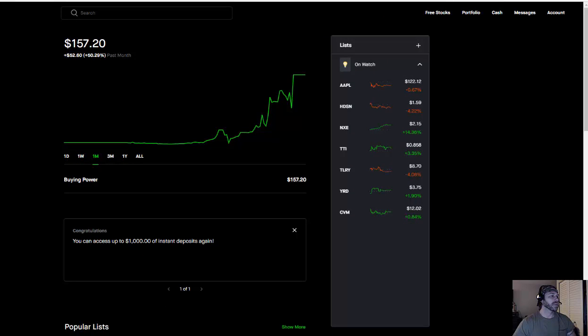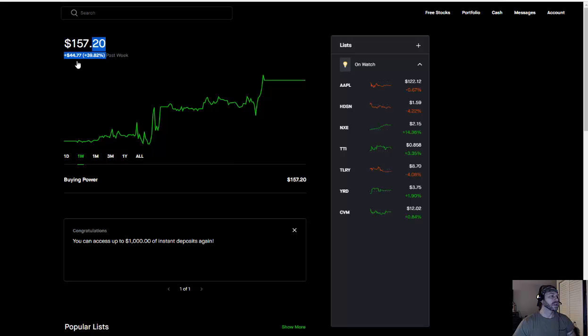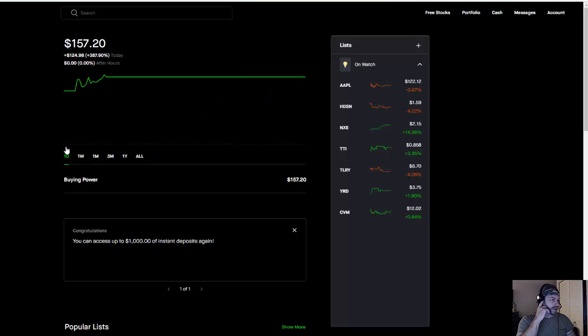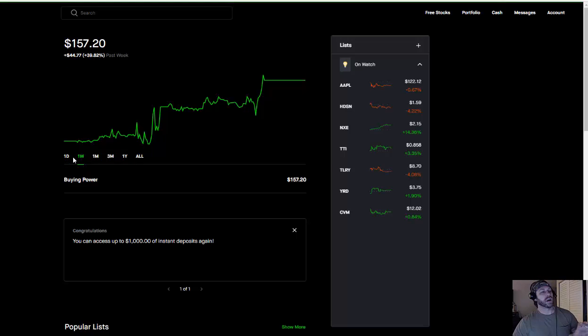It says in the past month because that's what I'm set on, but really I can go back to the week. $44, it's 39% in the day. Well, it glitched. That's what Robinhood does sometimes. It's really like 20 bucks on the day. So anyways, point being is that this is mostly 1 week Apple contracts on the 1 hour time frame.